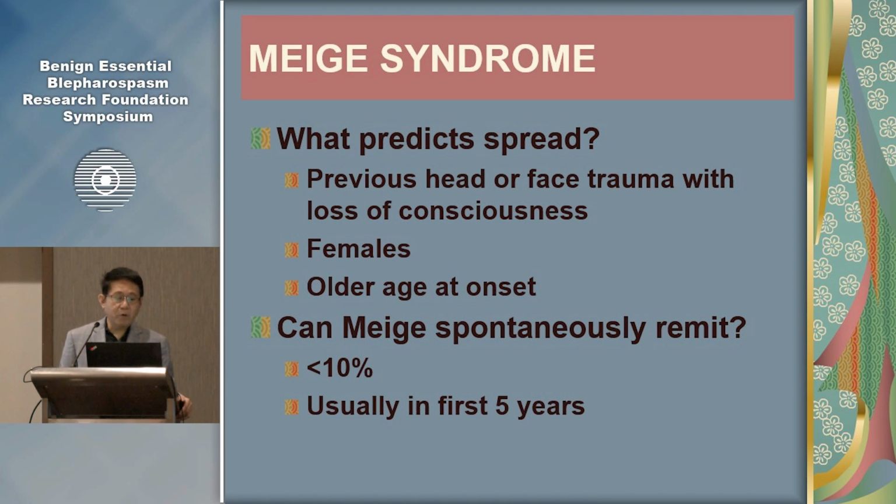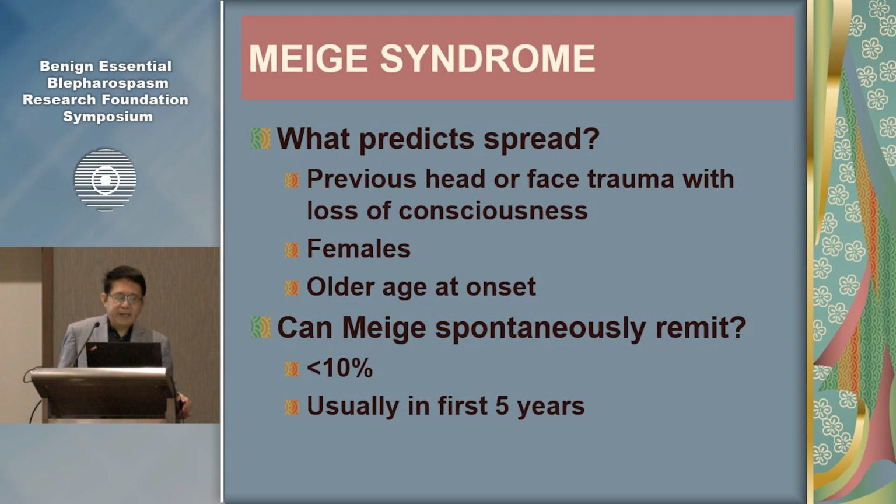And then females are more prone to spread, as well as older age. The average age of onset is in the 40s to 50s, so it's a little younger than the usual population of patients when we talk about just limb dystonia or cervical dystonia. So patients with MEIGE tend to be a little bit on the younger side, but if you develop it at an older age, the chances of spread may be a little bit higher.